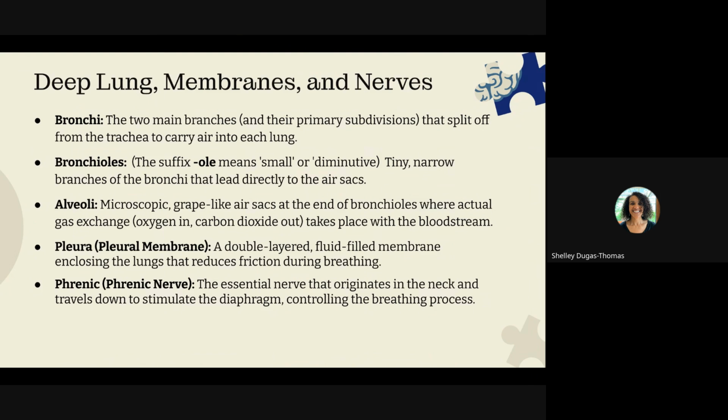So phrenic nerve, the root phren or phreno is unique because it can mean mind, like in schizophrenia, but historically it also refers to the diaphragm because ancient philosophers believed the seat of the soul and mind rested near the diaphragm. In respiratory medicine, phrenic always means pertaining to the diaphragm. If the phrenic nerve is severed, the diaphragm stops moving and the patient cannot breathe on their own.